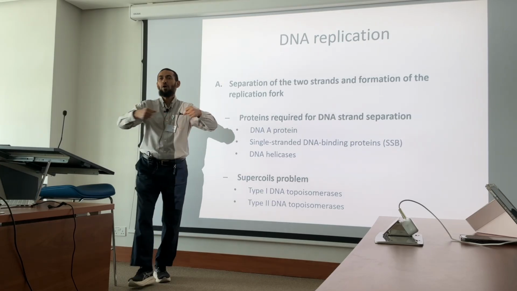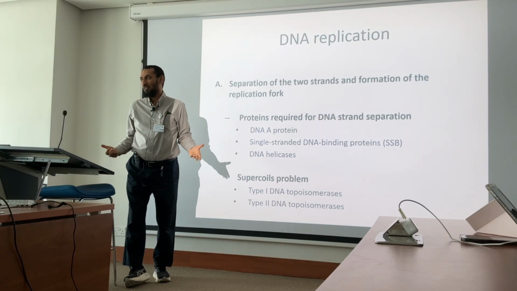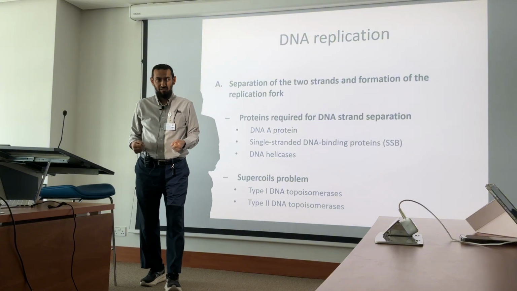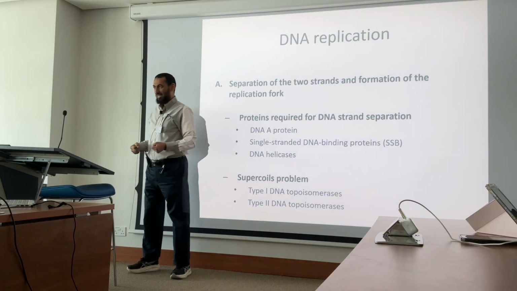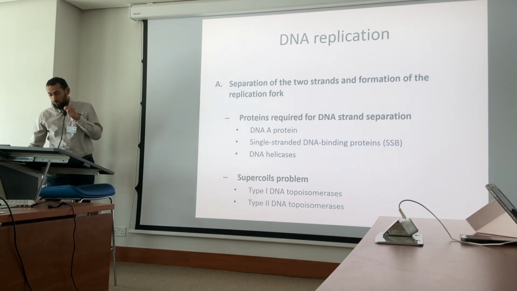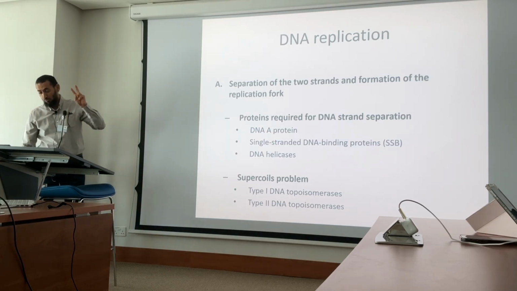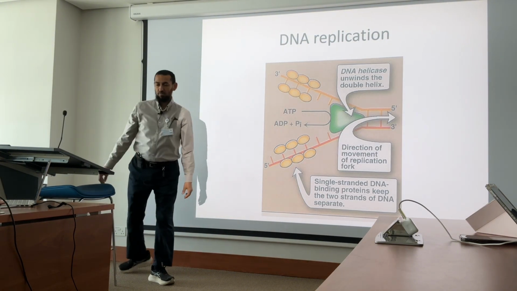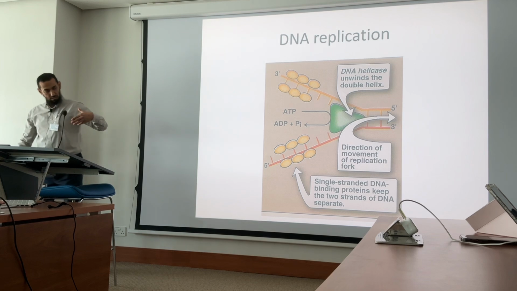The helicase will not be able to open further because there is a tension. Clear? Okay. So we have 2 enzymes known as topoisomerase. Their role is just to remove this tension down toward the template.